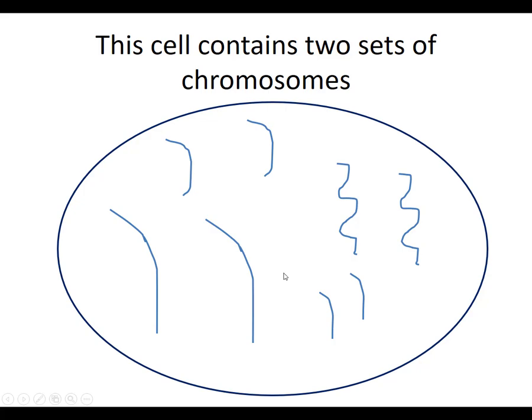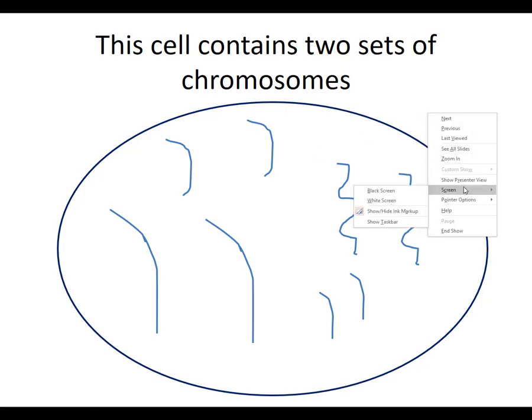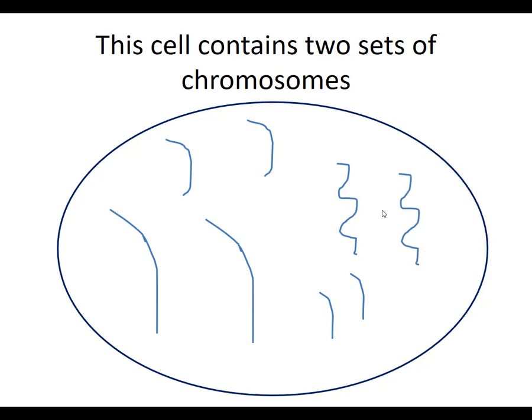So here's a drawing of a cell, and I wrote here, this cell contains 2 sets of chromosomes. Okay, 2 sets. So typically I'll ask a student, circle 1 set. So I need my pen. There's 2 of these medium-sized chromosomes, 2 of the large chromosomes, 2 of the curly chromosomes, and 2 of these short ones down here.